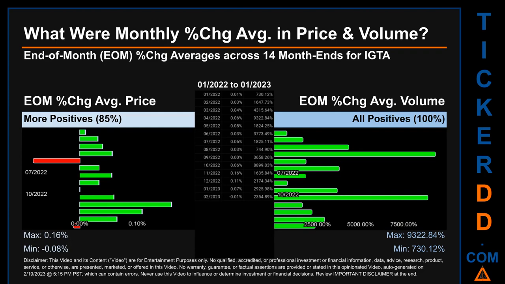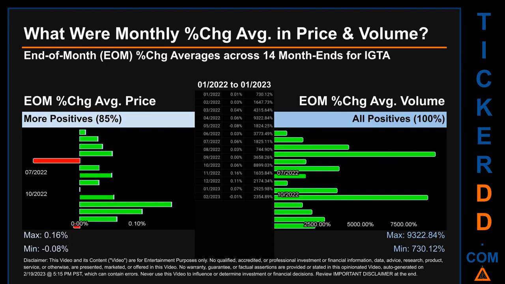What were end-of-month percentage change averages in price and volume for IGTA? The monthly average of percentage change, in price and in volume, were calculated for each of the 14 month ends. That calculation took daily percentage changes and averaged them for each given month. If a month end came out negative, then it means that the month summarily saw a negative change.